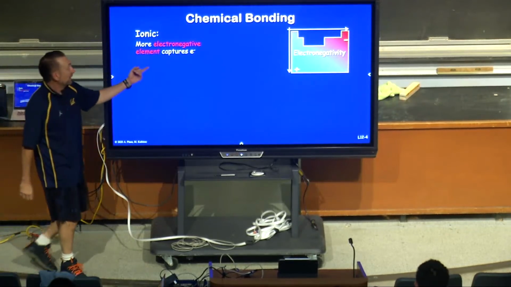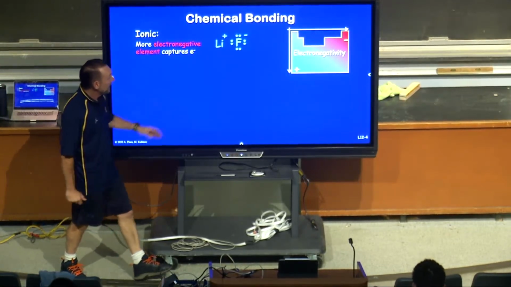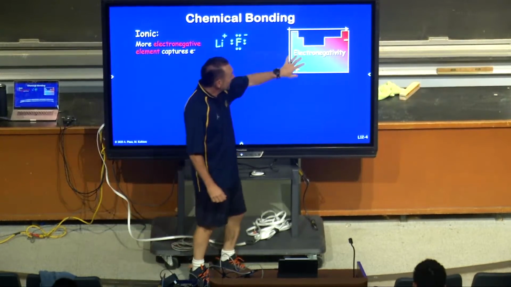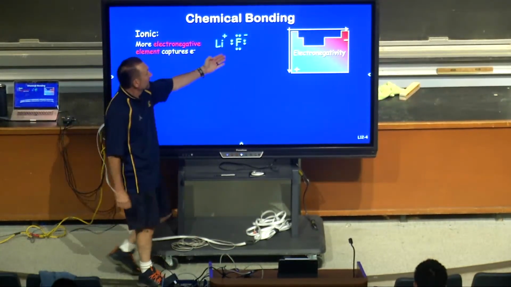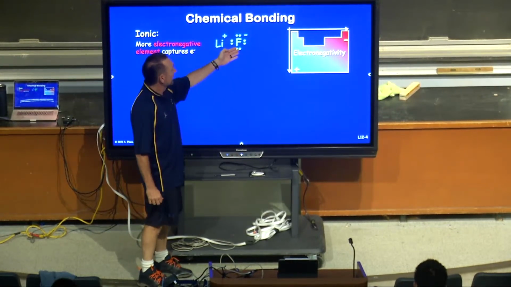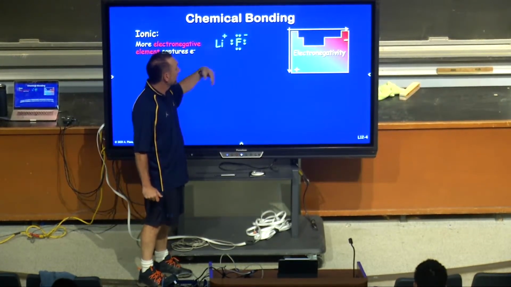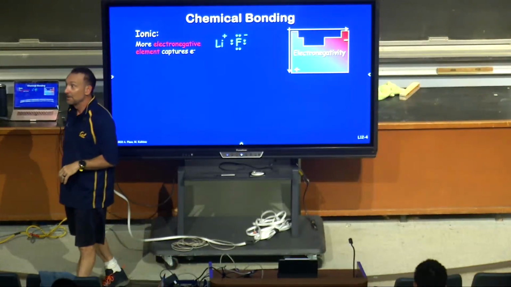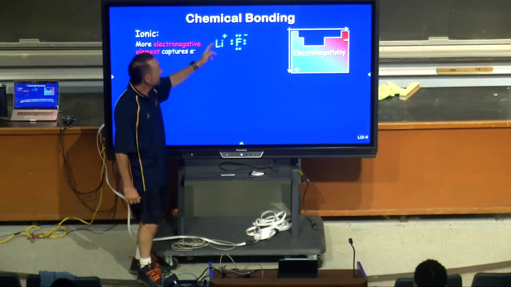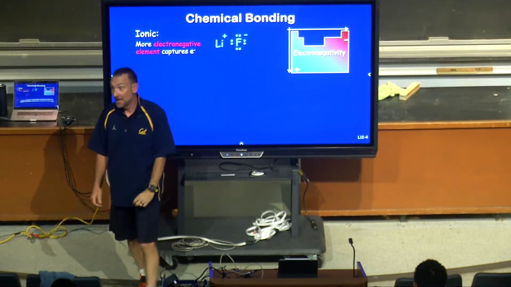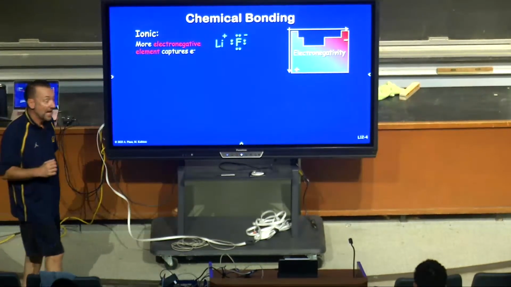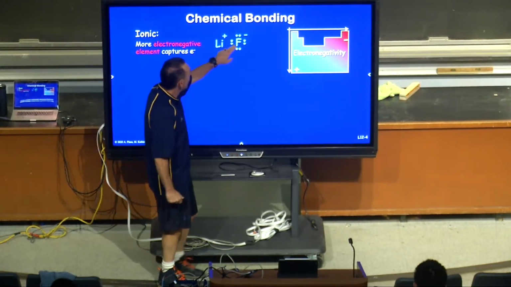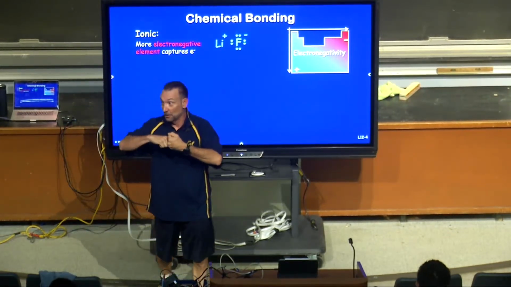We had ionic bonding, and in this case, we were categorizing by electronegativity. If there's a great difference in electronegativity, if you have a very electronegative and a very electropositive element bonding together, the electron actually transfers. So it's not a sharing at all. One electron moves to the other atomic center, and then it's the Coulombic attraction that holds them together.